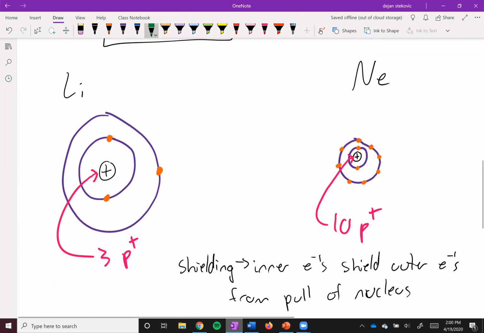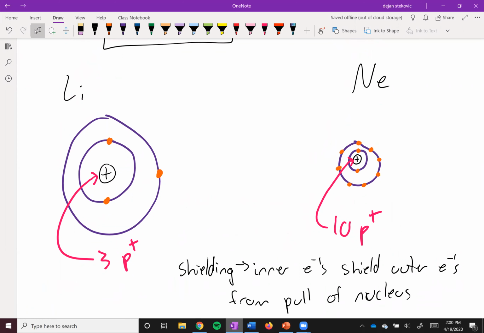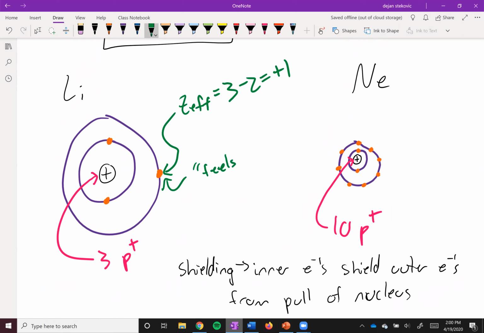So let's think about what we have in our model of lithium and neon. If you think about what the Z effective here is, lithium has 3 protons, and then it's got 2 inner electrons, right? So both of these 2 inner electrons are going to repel this outer electron, so it'll be 3 minus 2 for a plus 1. So this electron here feels a pull of approximately plus 1. Whereas here we think about these outer electrons.